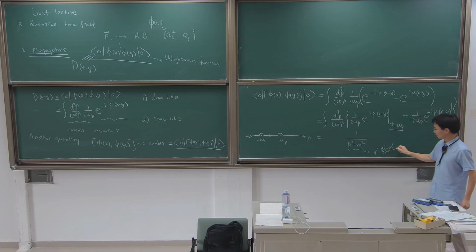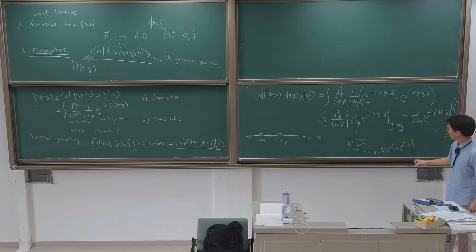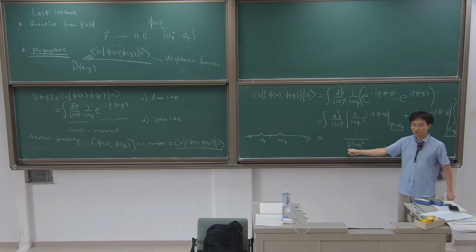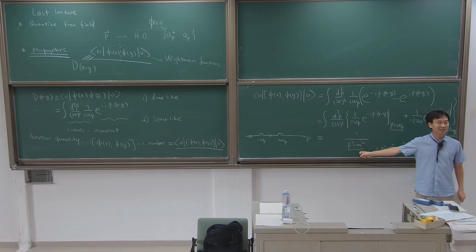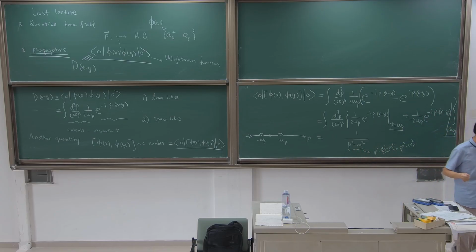By definition, this is omega p squared, right? So you see, such kind of denominator will have two poles, plus minus omega p. So just purely by observation, I can deduce this will be the right structure. This is a good structure to construct that.